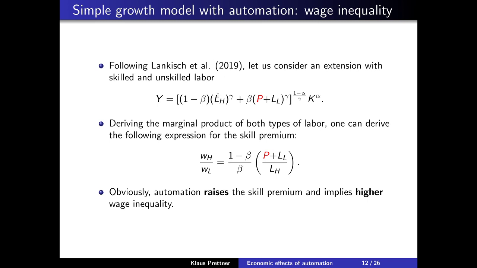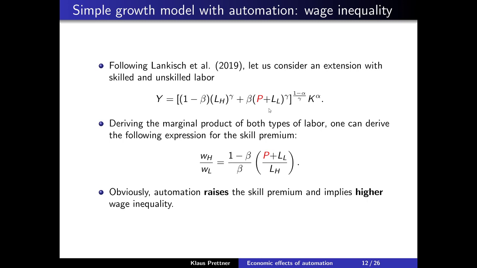The high-skilled workers are denoted by L_H, the low-skilled workers by L_L, and robots are now a perfect substitute for the low-skilled workers, so they can perfectly substitute people at the assembly line, for example, if we want to make this interpretation, but the robots cannot perfectly substitute high-skilled workers.